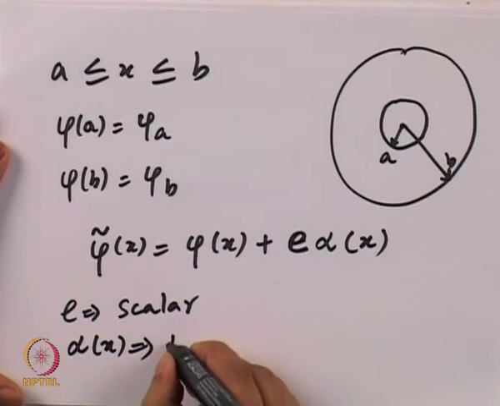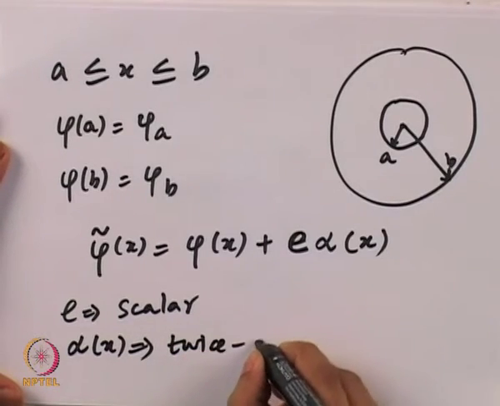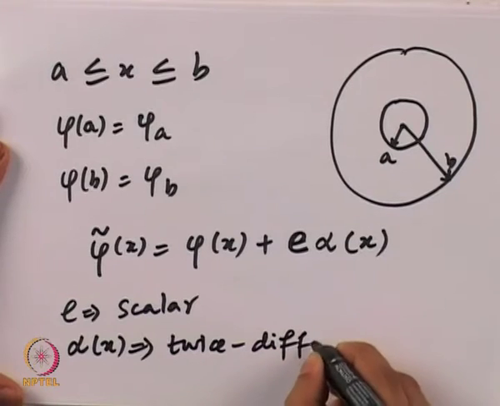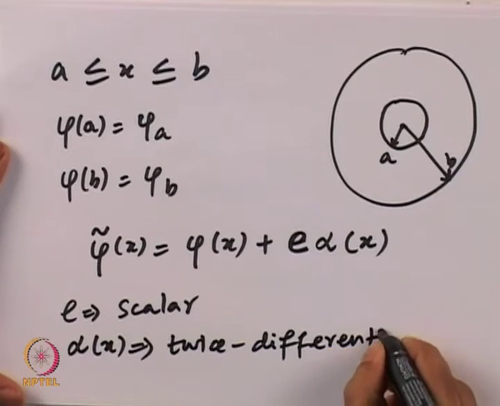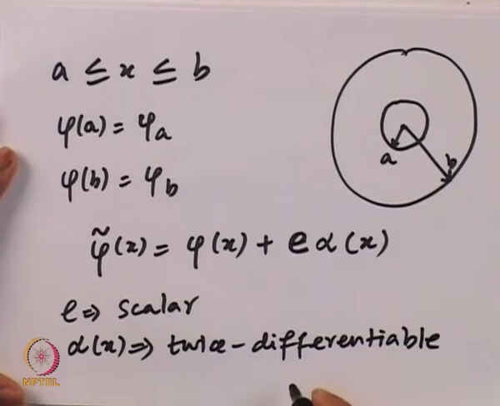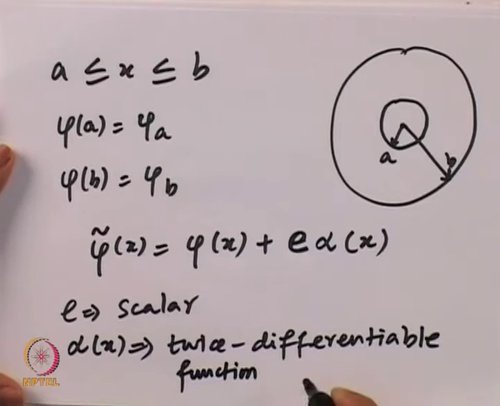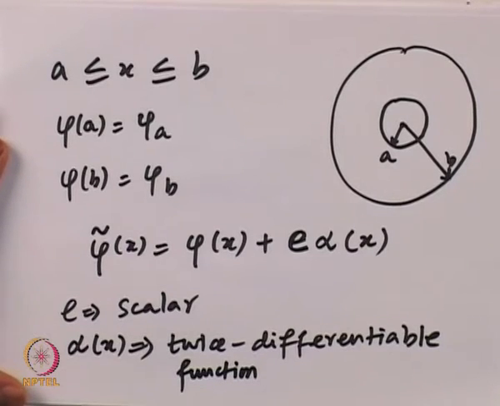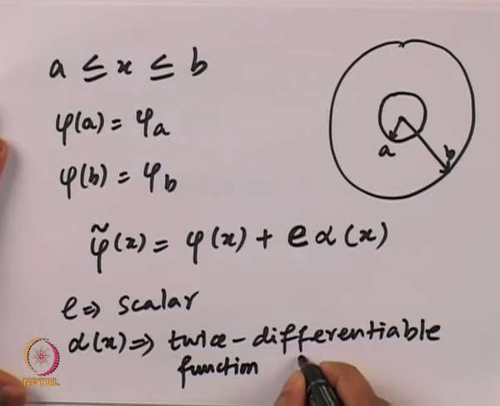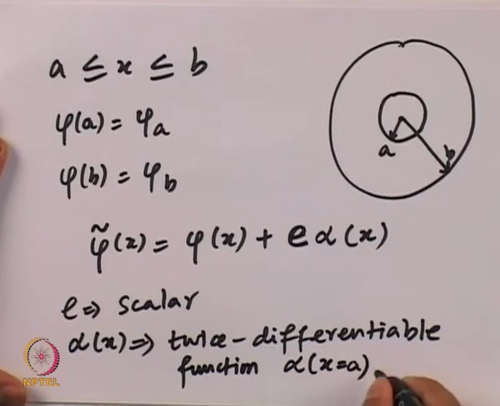is a twice differentiable function satisfying two conditions. The conditions are at the boundary: alpha of x equal to A is equal to alpha of x equal to B is equal to 0.